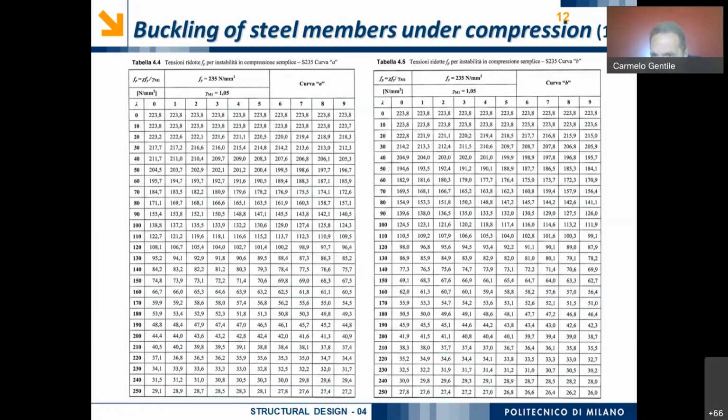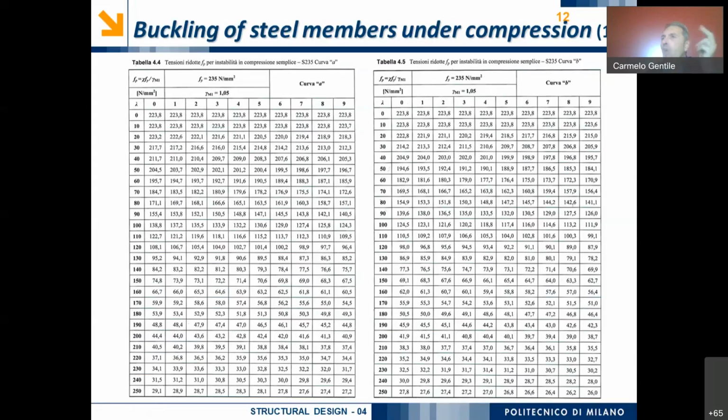So I see 70, 80. No, I will choose the number. For example, 85. Okay. Good. Let's look. 85 is the value of the slenderness.